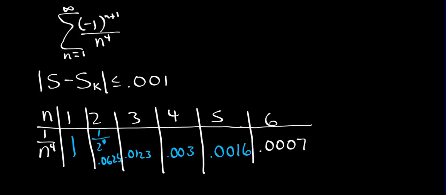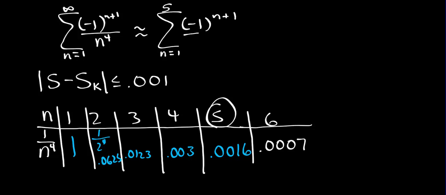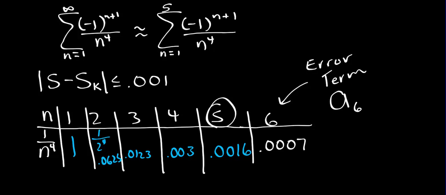So here's what I want to do. I'm going to approximate the sum using n goes from 1 to 5. That's what I'm going to use to approximate that sum. And the error term is a sub 6, and I'm just looking at the absolute value of the error term.